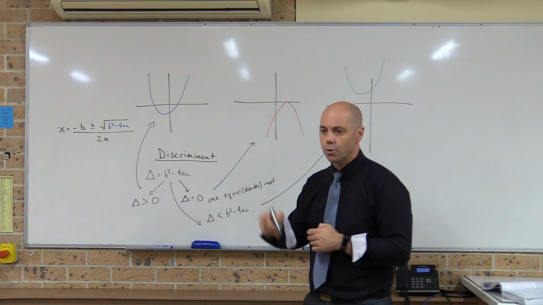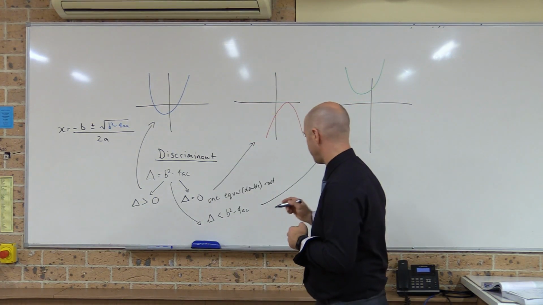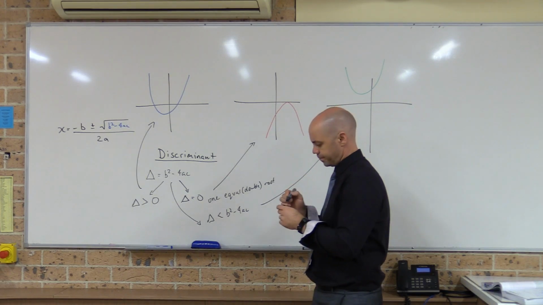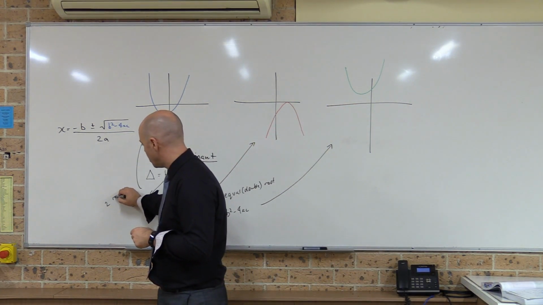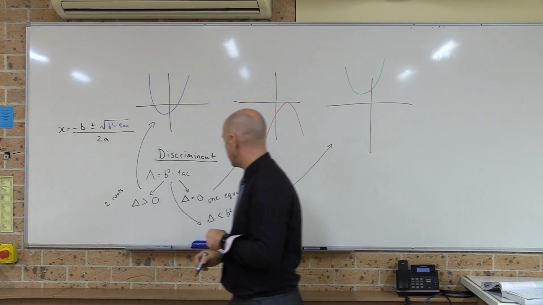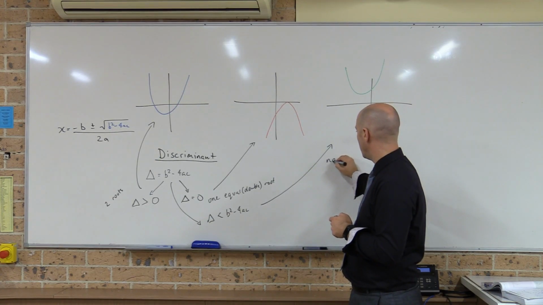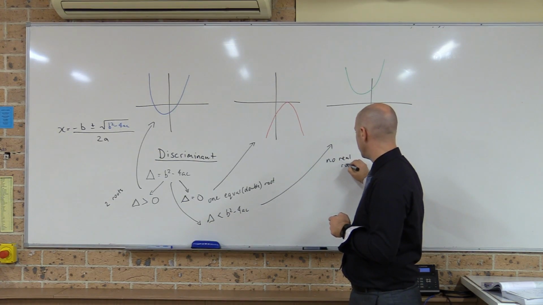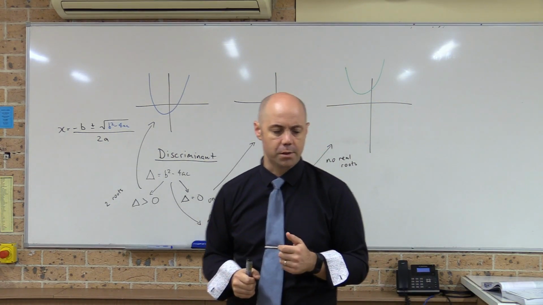There are no solutions to when that equation equals 0. Okay? And so we could have 2 roots, 1 equal or double root, or over here no real roots. The 3 instances of the discriminant.